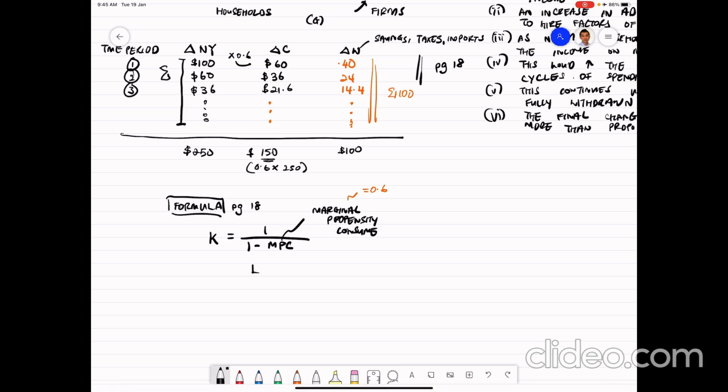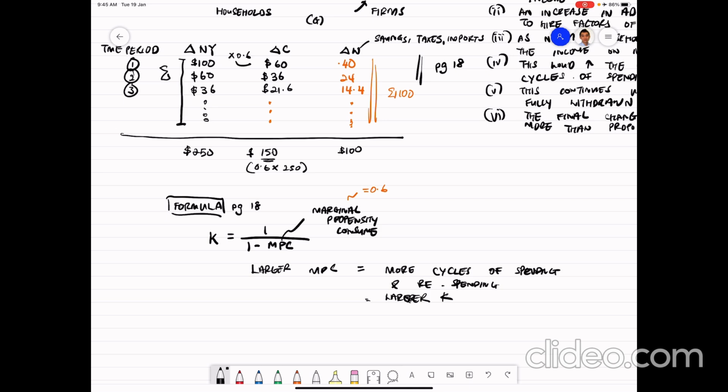So the larger the MPC equals more cycles of spending and respending. And if there are more cycles of spending and respending, the increase in national income will be more significant, so equals larger K, which sort of makes sense.